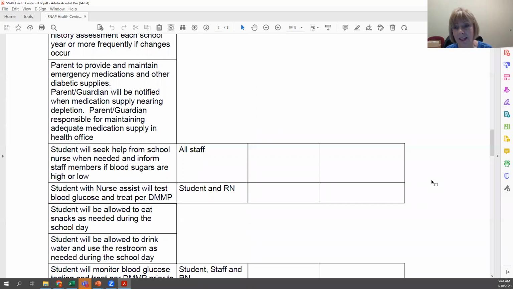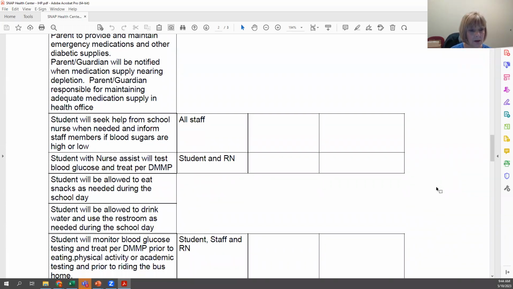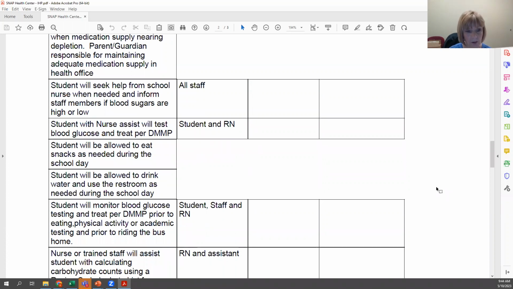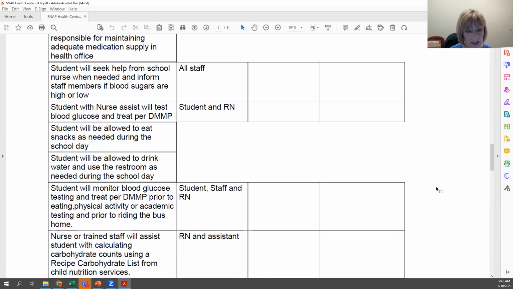I'm all about getting the information that we need to the right people: using water and restrooms, and that we're going to test and treat prior to physical activity and academic testing, and riding the bus home, so that the teachers need to know that they need to send to me before they dismiss.